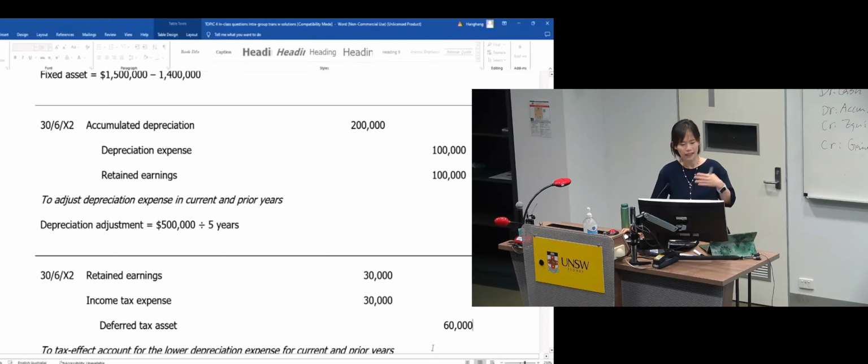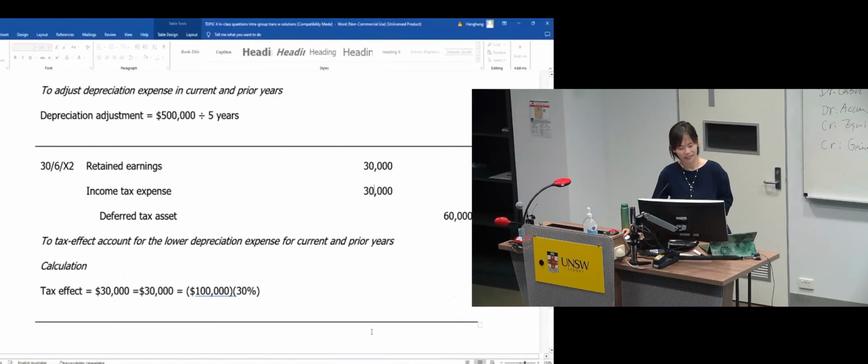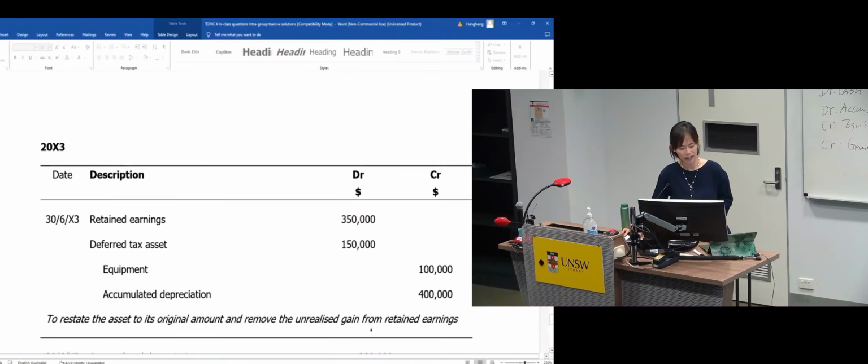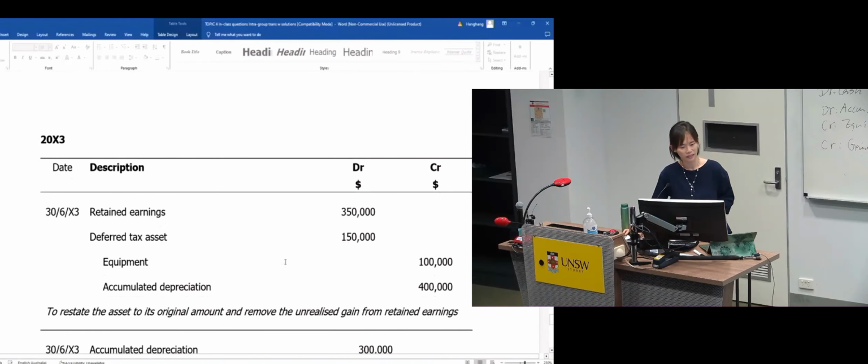Now, following the same rules, principles and logic, we can do year X3. So think about year X3 entries. The first entry is the same as year X2: debit retained earnings, debit DTA, adjusting the current amount of equipment.